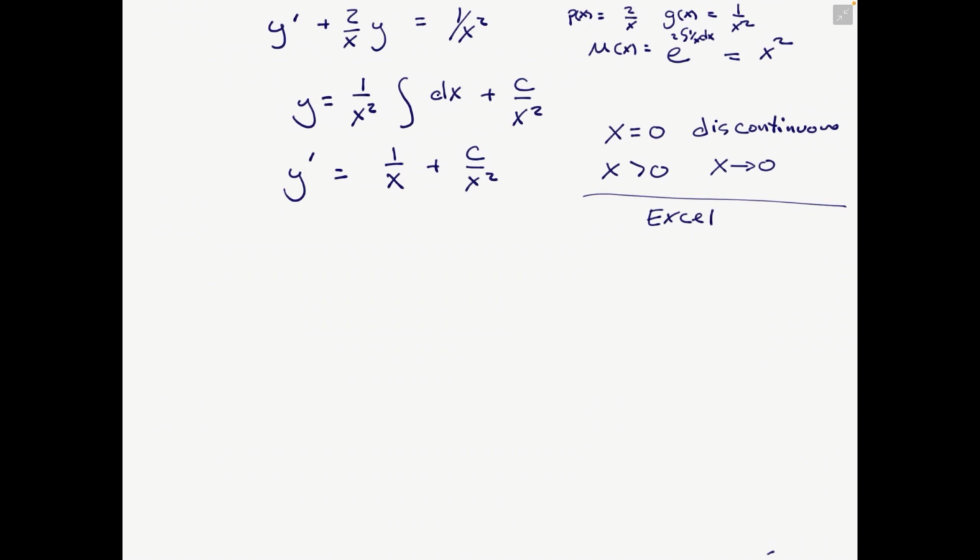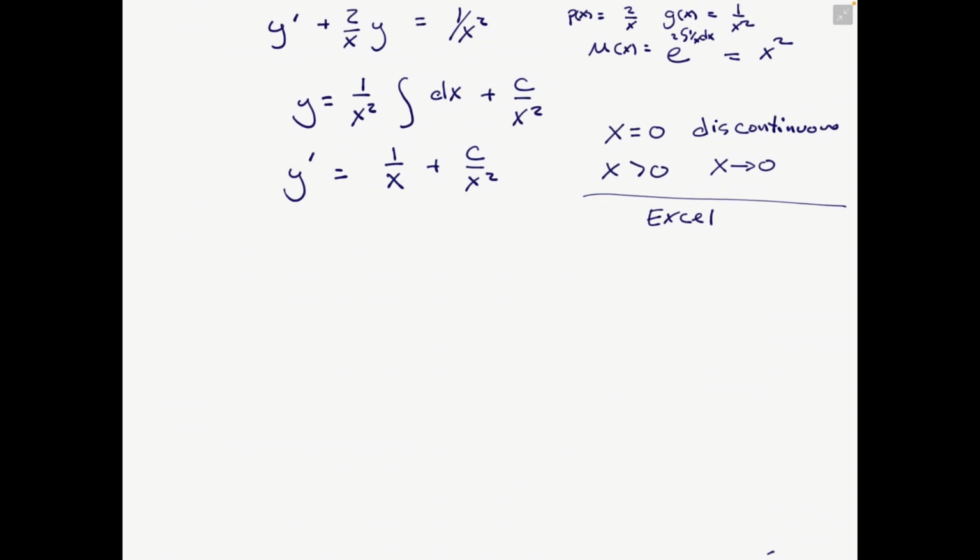I just want to make sure that I got this right. Yeah, that's the solution. And they want the limit of y as x goes to 0, which is equal to infinity for all c.